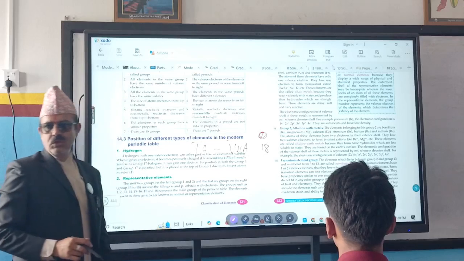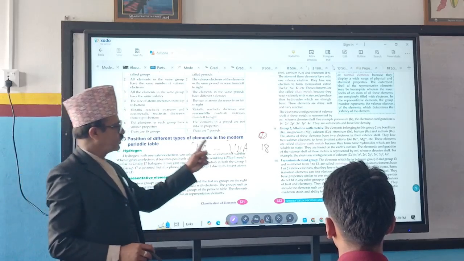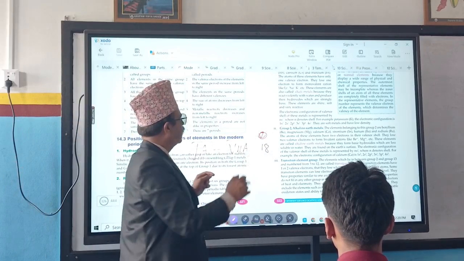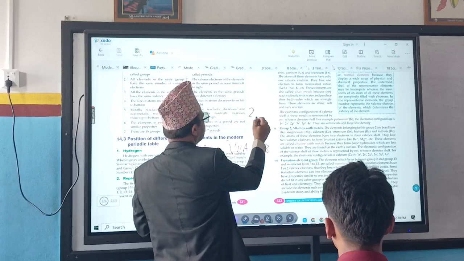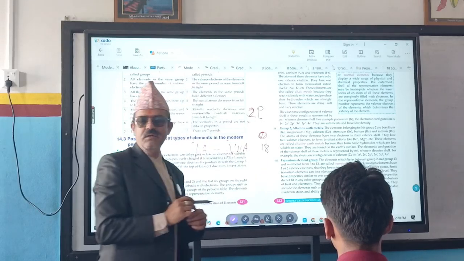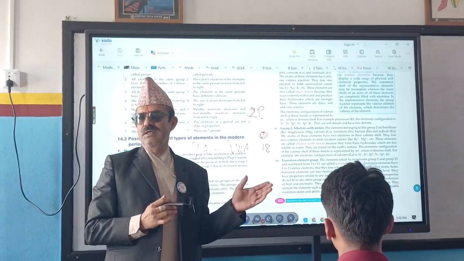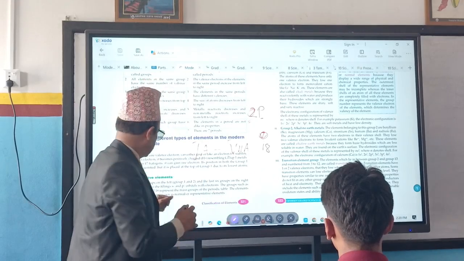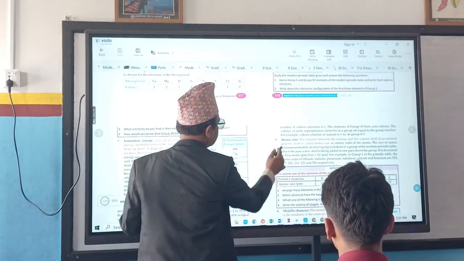Those elements which are kept in group 1A to 7A, and at last, their last orbital is the p orbital. At last p comes there. They are representative elements.